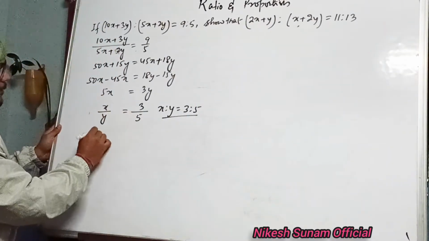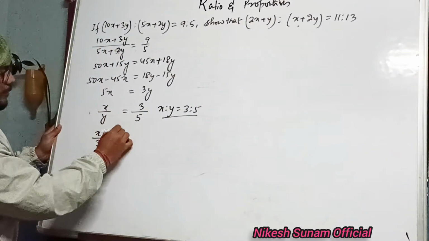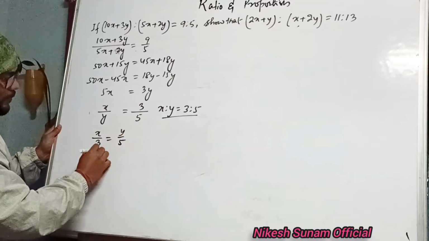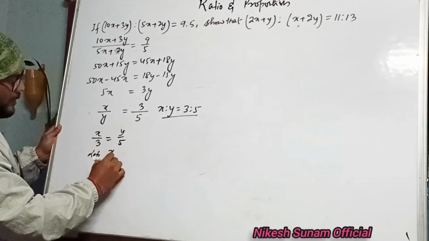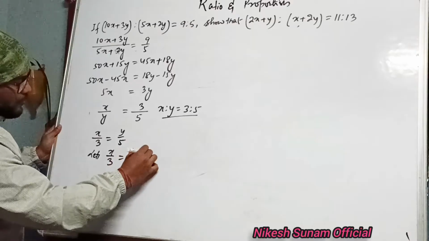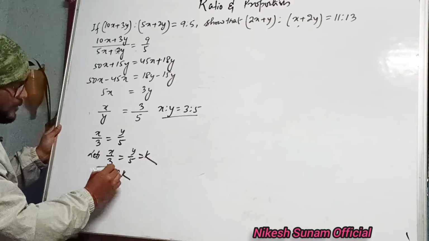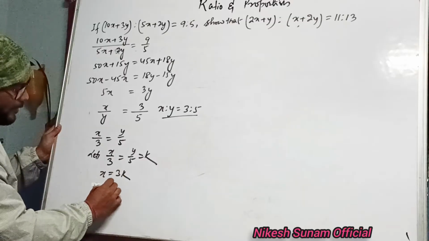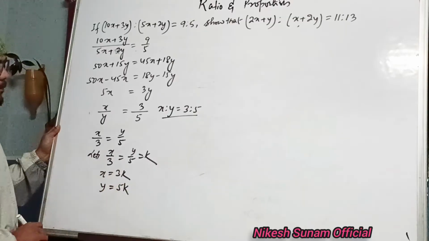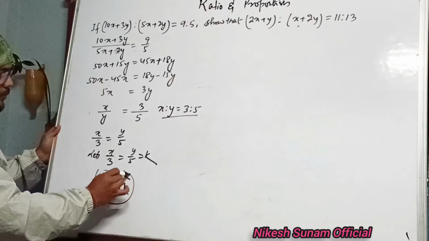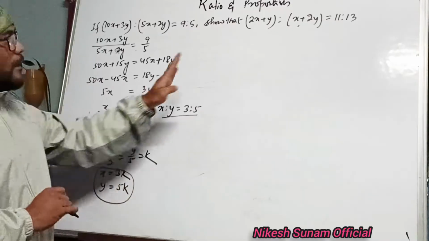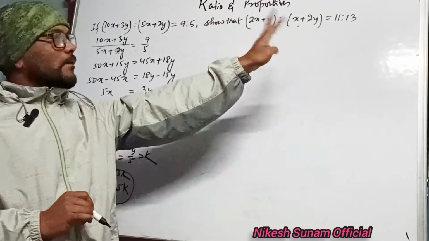So it's very simple. You get it in this form, x by 3 equals y by 5 equals k. From this relation, we obtain the value of x as 3k and y as 5k. Now you just substitute the values of x and y in this relation and you will get the answer.